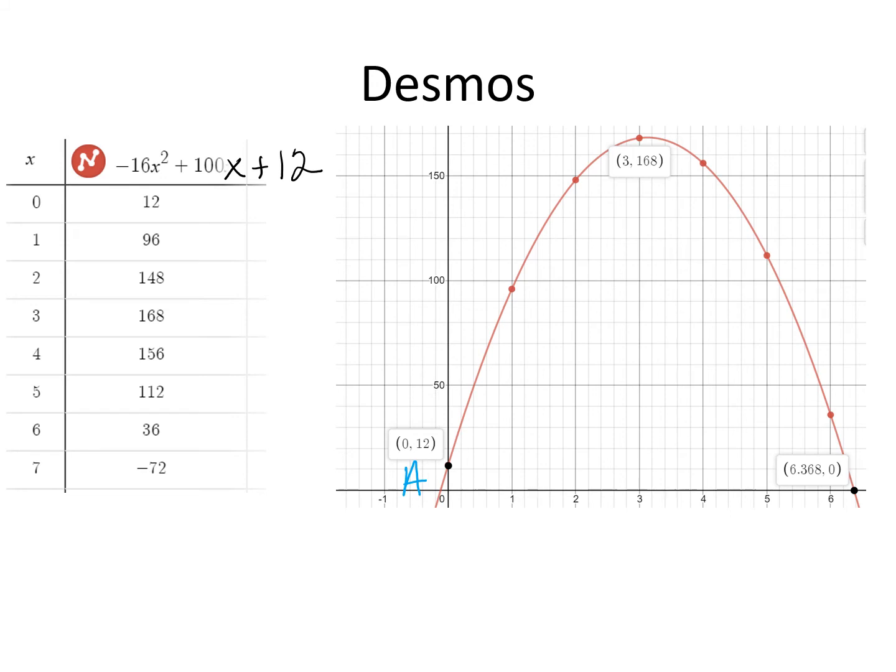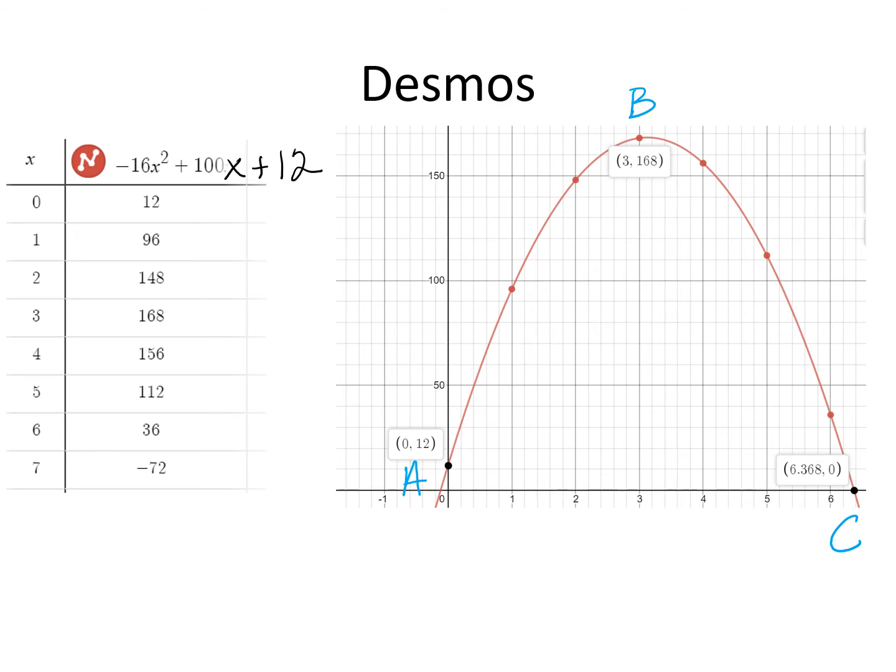Part B wanted the vertex, so that was the maximum height and what time it occurred. And then letter C, the last part, was asking for the x-intercept, so where it hits the ground. And again, I've already labeled each of those points. And that's the nice thing about Desmos is you can go in and click on certain points. It won't let you choose every point, but some of those key points.